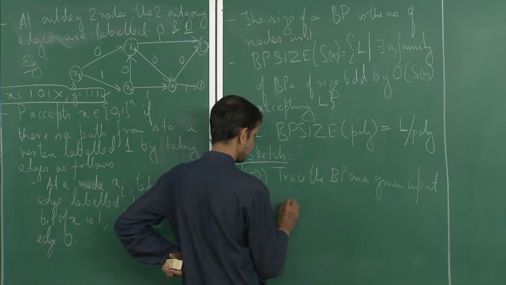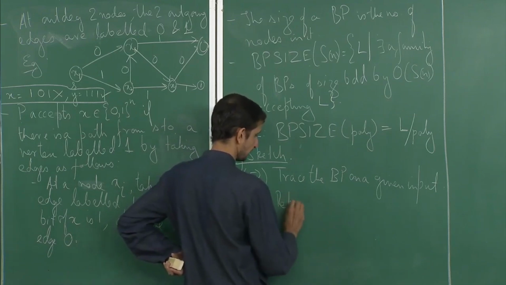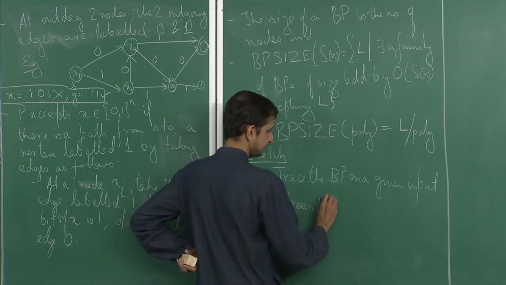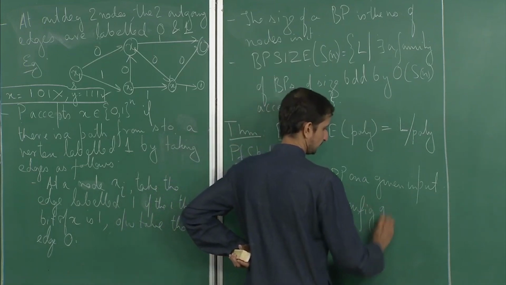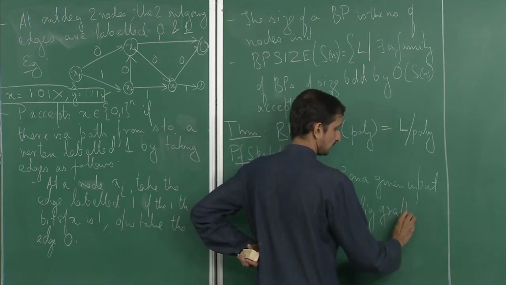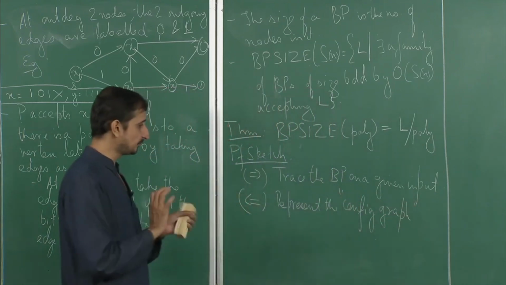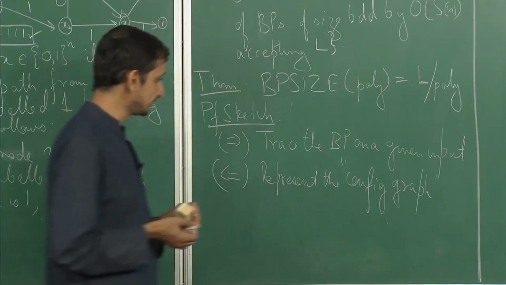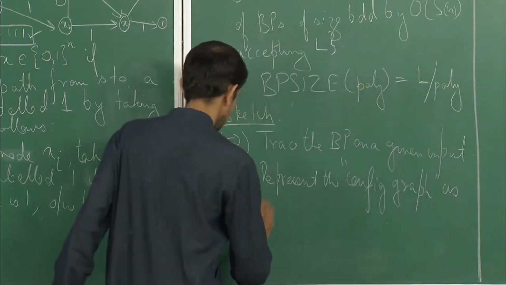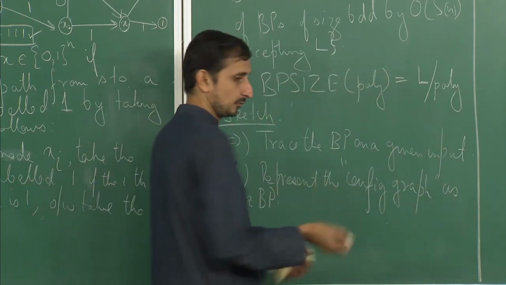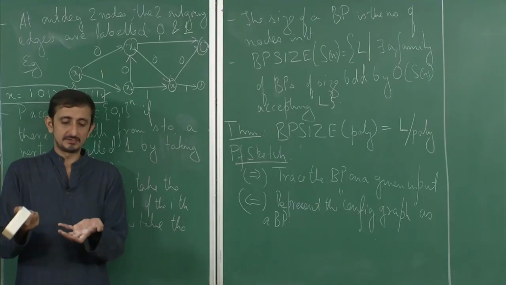Okay. So represent the configuration graph, I put it in quotes because it is not exactly the configuration graph, it is a little bit more general, as a branching program. Now, at every node what do you do? You take two choices.